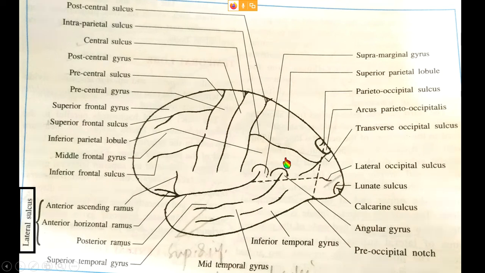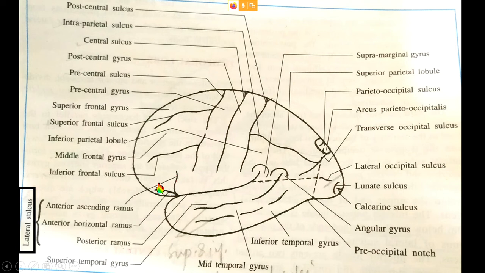The area below the anterior horizontal ramus is called pars orbitalis. Then between the anterior horizontal ramus and anterior ascending ramus, this area is called pars triangularis.